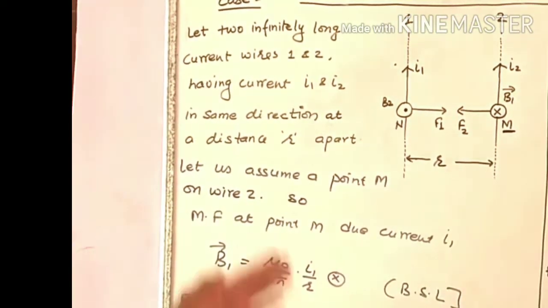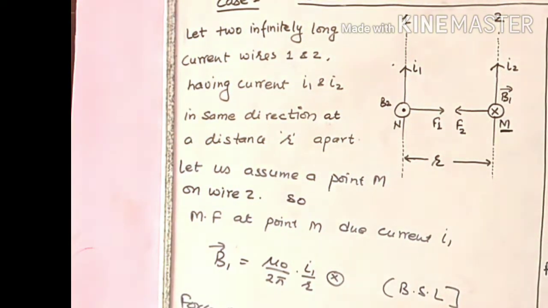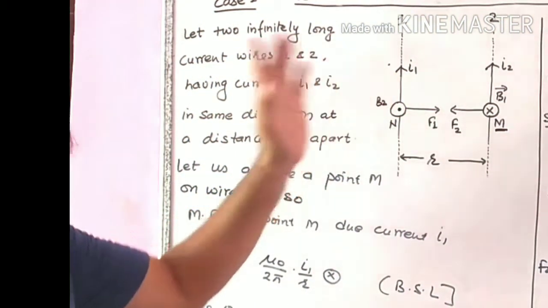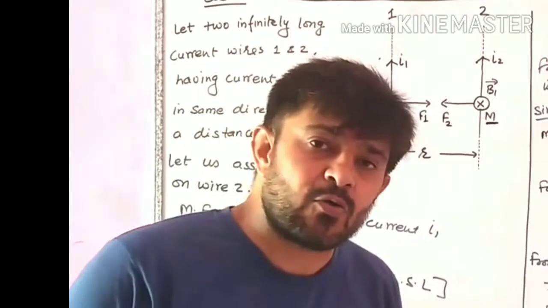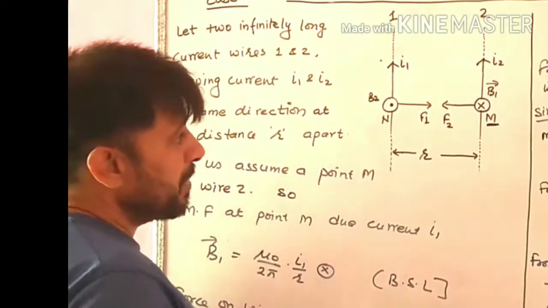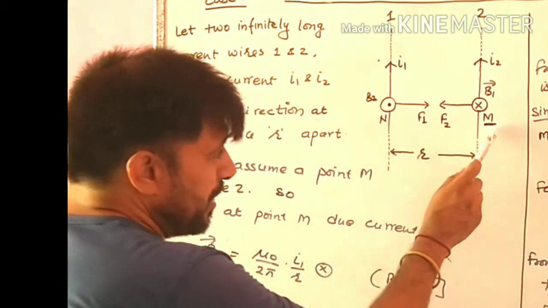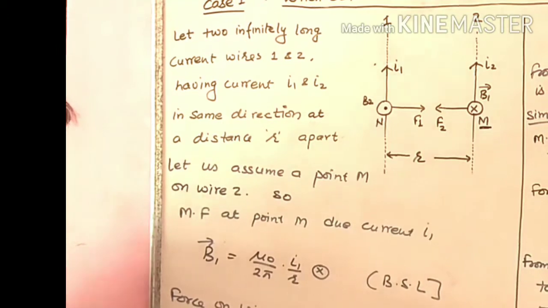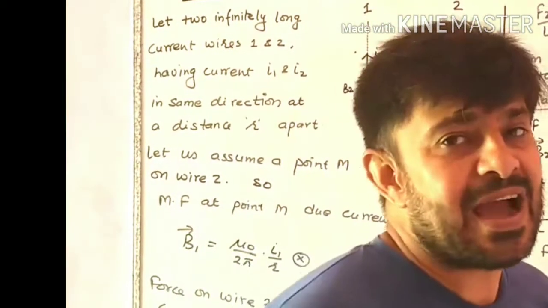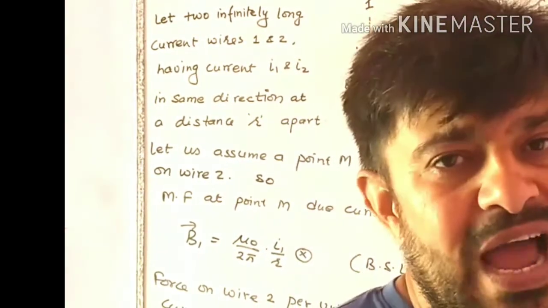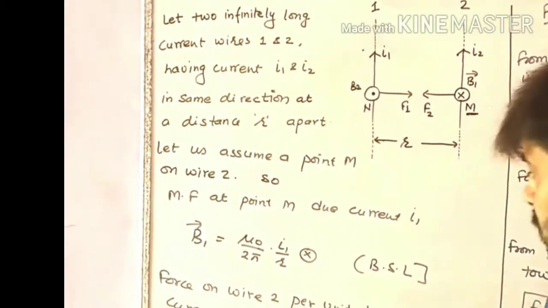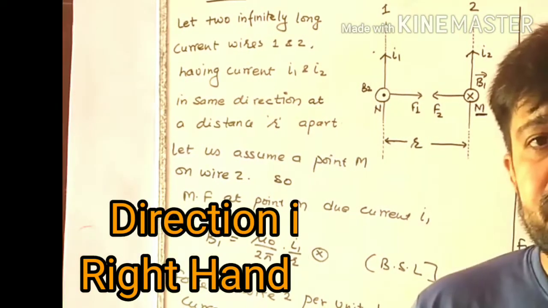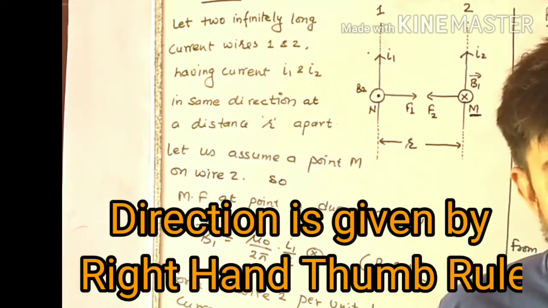Now, from Biot-Savart law we know that this current I1 in wire 1 will produce a magnetic field around it, and because of this current, magnetic field at point M will be mu 0 upon 2 pi I1 upon R. This is from Biot-Savart law, and the direction of this magnetic field will be given by right hand thumb rule.